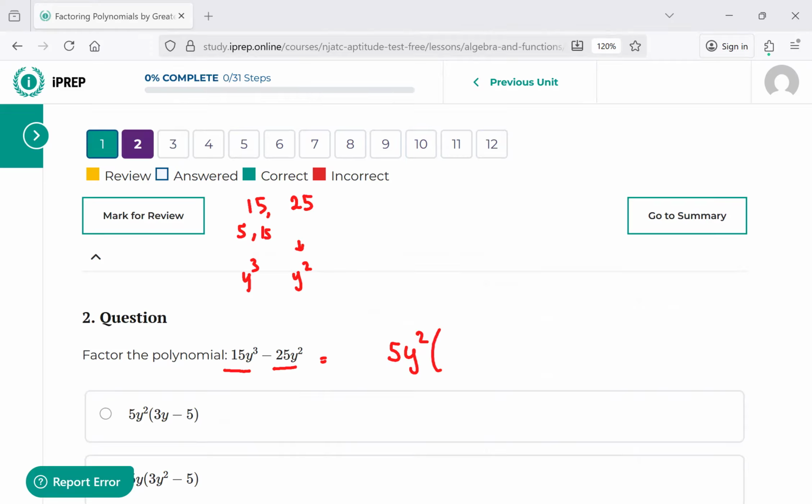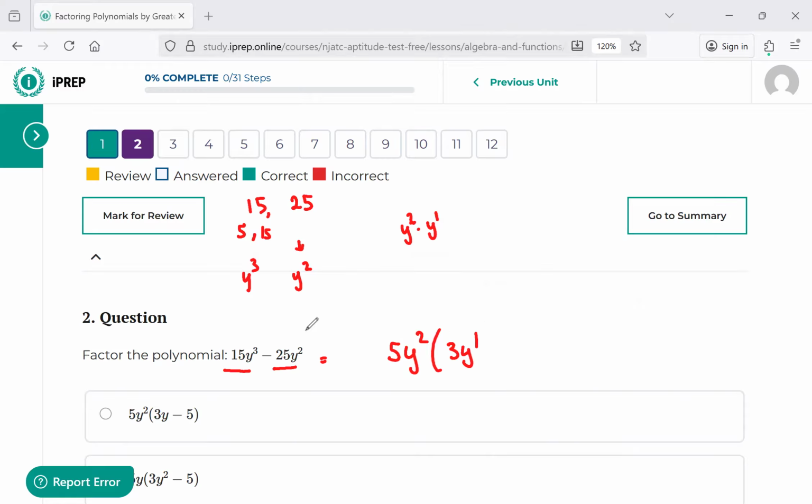Now we go back to our problem. What do we have to multiply 5y squared by to get 15y cubed? You're going to need a 3, and one more y, because when you multiply this out, it's like saying y squared times y to the first. Remember, when you're multiplying, you add the exponents, so 2 plus 1 is 3, and 5 times 3 is 15.